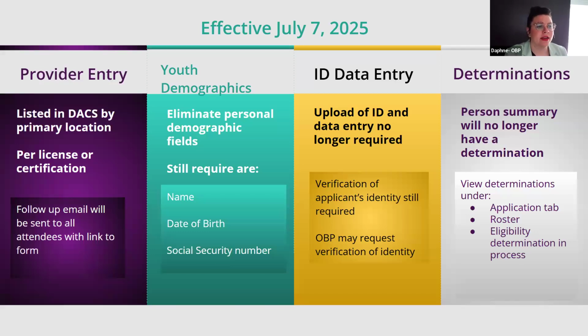For youth demographics, also included in this slide is some additional information on the youth demographics. We are eliminating those personal identifying information fields really that are used for fingerprint purposes. You still need to be verifying the youth, and also the name, their date of birth, and their social security number is required.